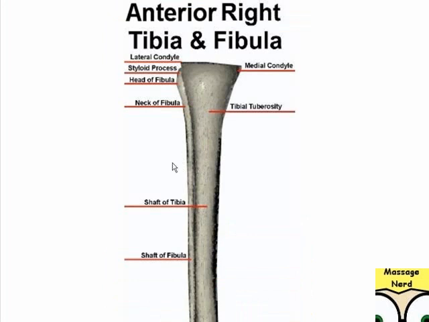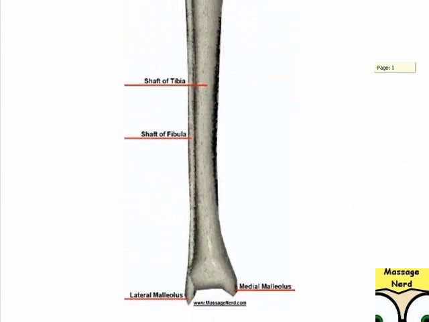Anterior right tibia and fibula, bony landmarks. Lateral condyle, styloid process, head of fibula, neck of fibula, medial condyle, tibial tuberosity, shaft of tibia, shaft of fibula, lateral malleolus, medial malleolus.